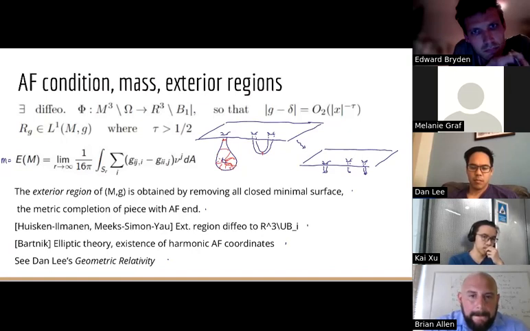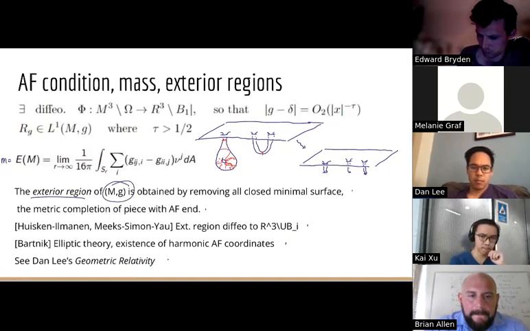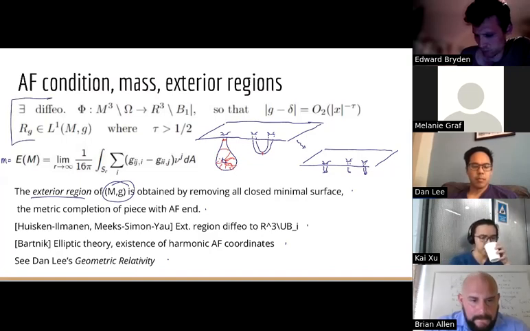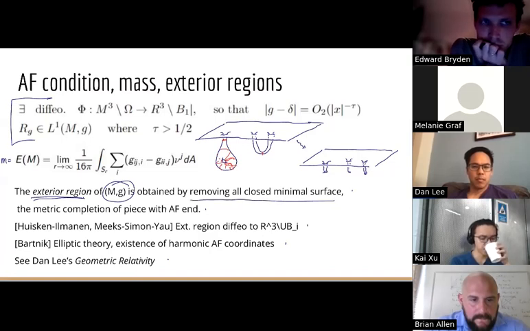First of all, we will need to borrow this idea of exterior region that Christina mentioned in her talk, but I think it was mentioned in the specific context of Schwarzschild space. In general, if you have a general asymptotically flat manifold, with all these conditions above that I'm always pointing at, you can consider a region which you obtain by removing all closed, embedded minimal surfaces in your manifold.